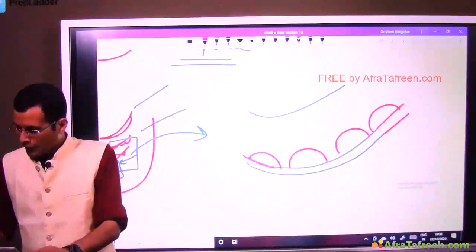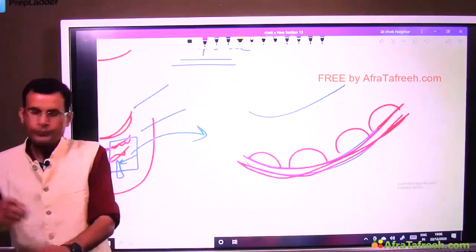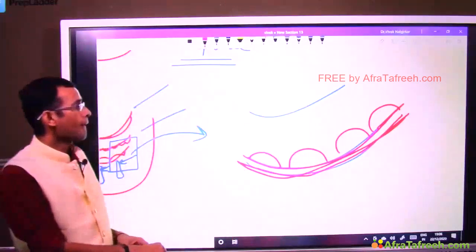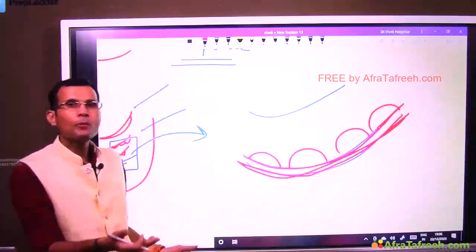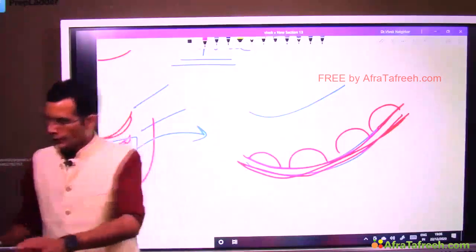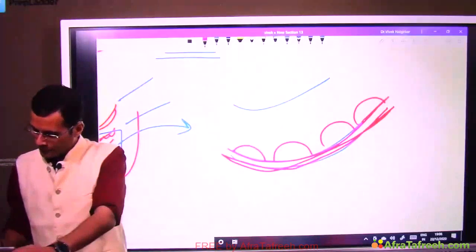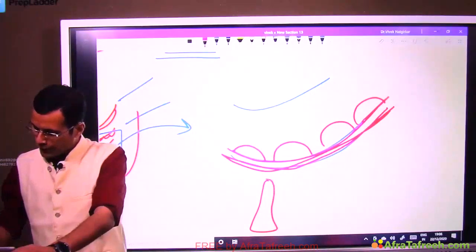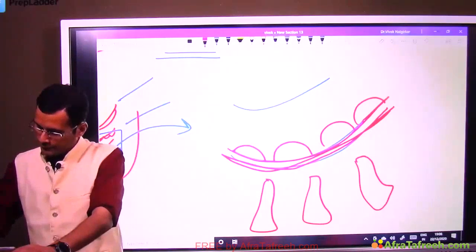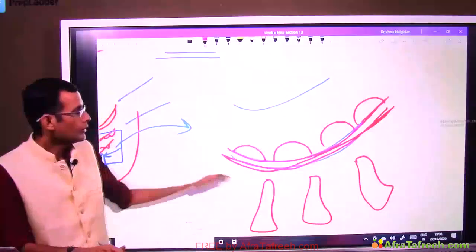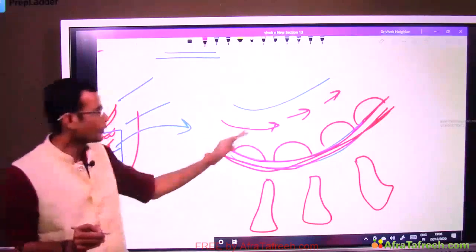The second component is the basement membrane, with all its glycocalyx and all the components. And then outside this basement membrane, there are those podocytes, the epithelial cells. Okay. So blood will come into the glomerular capillary.